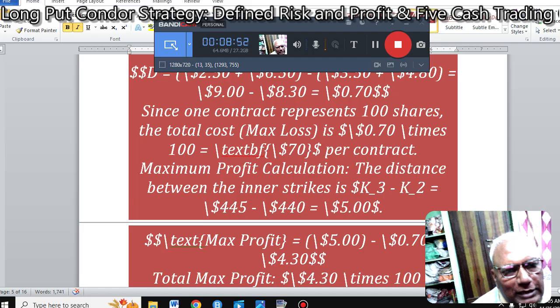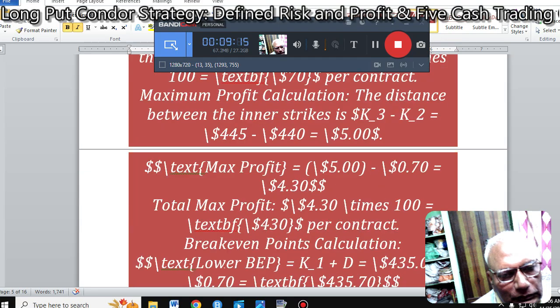Maximum profit calculation. The distance between the inner strikes is K3 minus K2, equals $445 minus $440, equals $5.